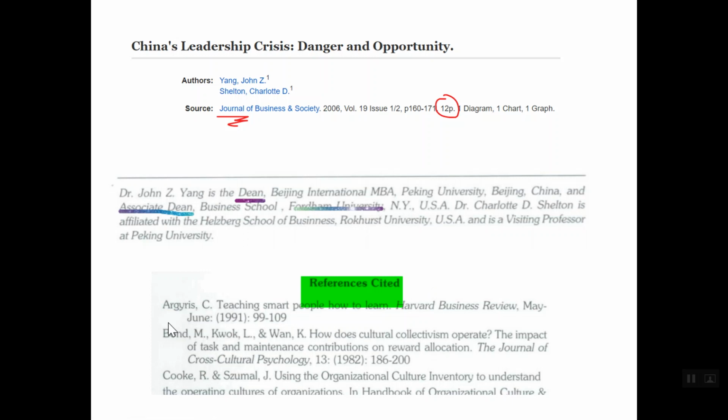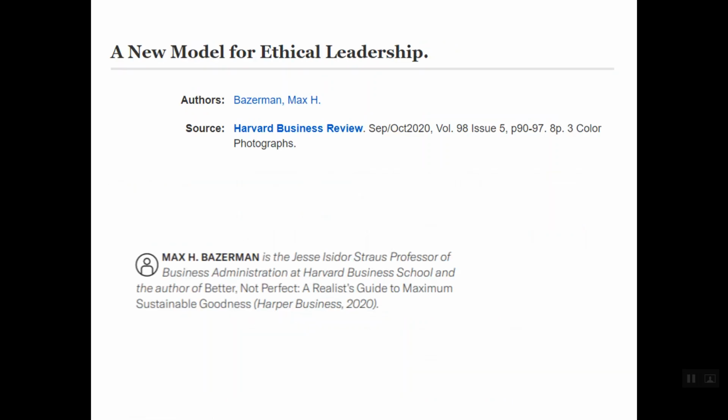And I've also included the beginning of a long list of references that he cites in his article. Once again, whether or not you check peer-reviewed, a good way to find articles of quality and reliability is to pay attention to the author note.